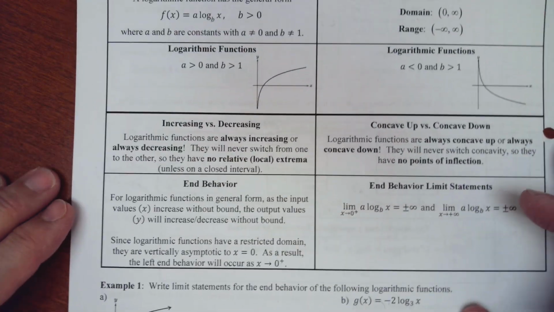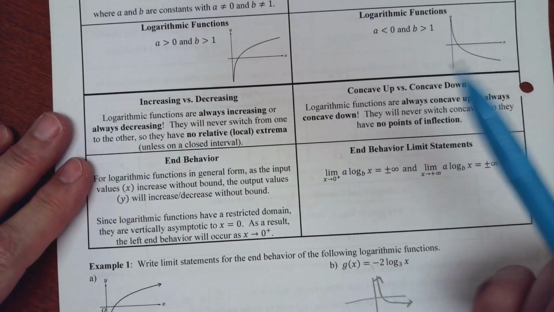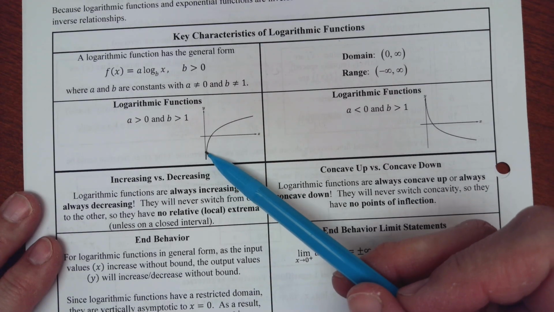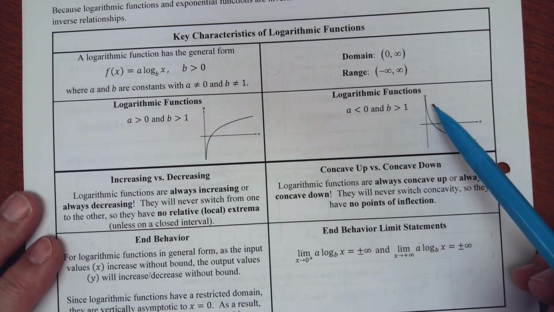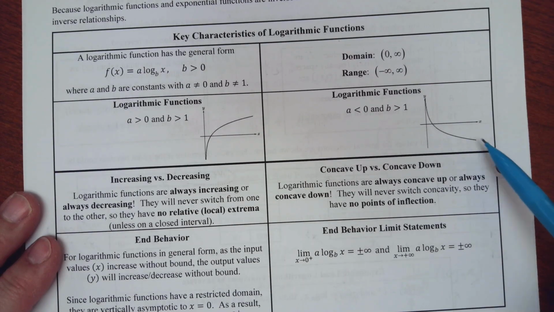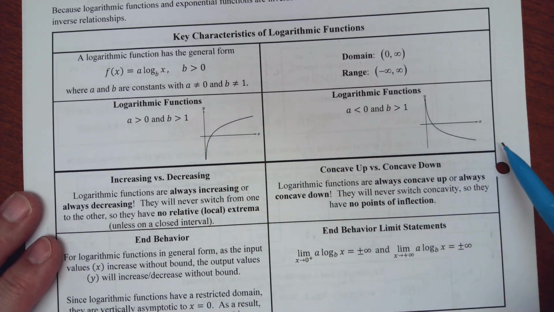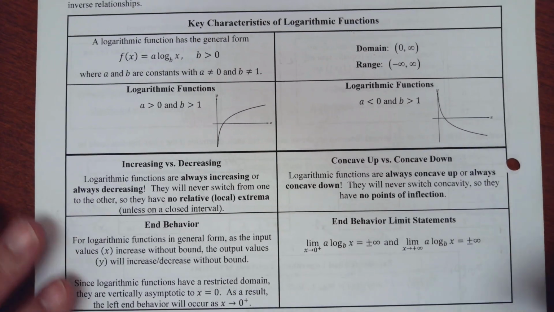Okay, so the other things you have to identify are whether you're increasing or decreasing. All right, so look, your y values are getting higher, so you're increasing. Y values are getting lower, you're decreasing. Concave up, concave down. It's always one or the other. And so that should be pretty easy for us.